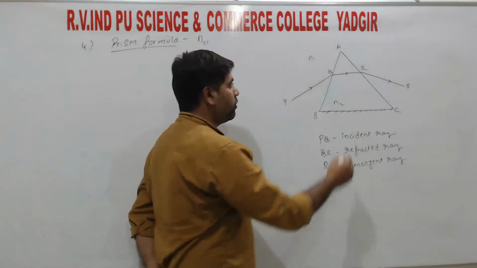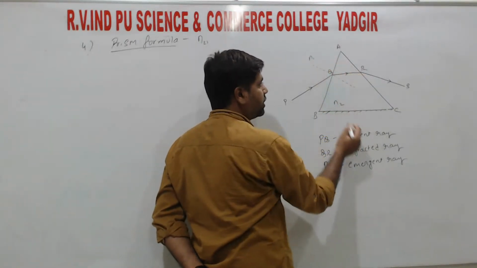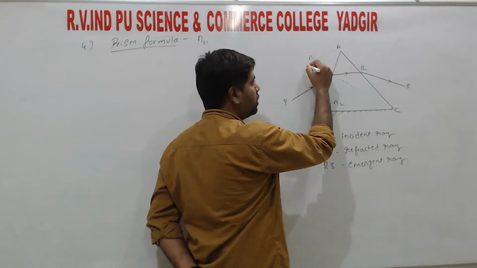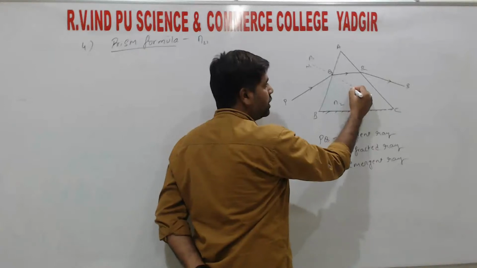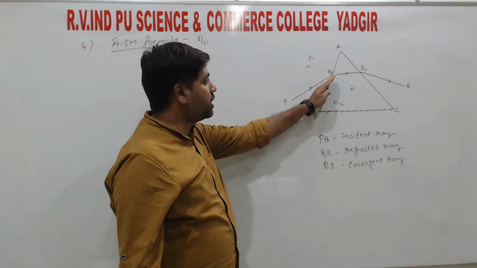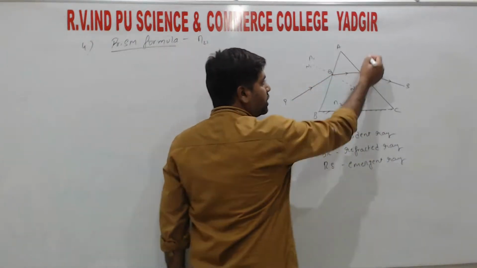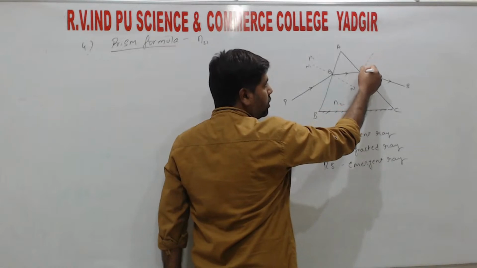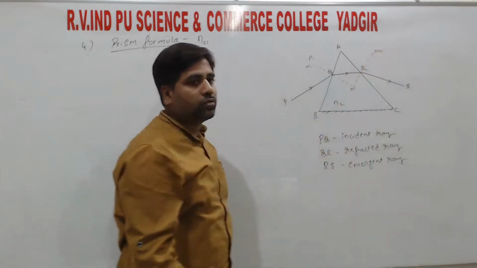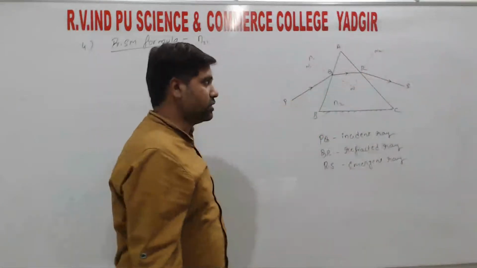In the second step, we draw the normal to the first refracting surface at the point of incidence. We call that N1. N1 is the normal drawn to the first refracting surface at the point of incidence. Similarly, we draw another normal N2 for the second refracting surface at the point of emergence, right?